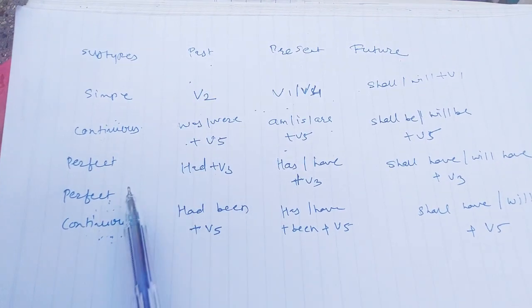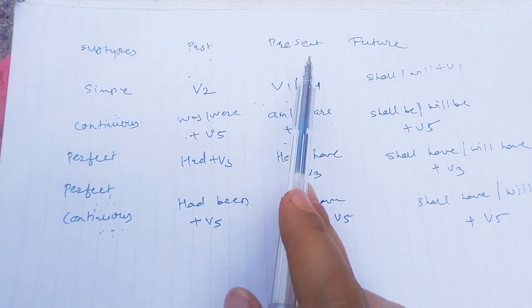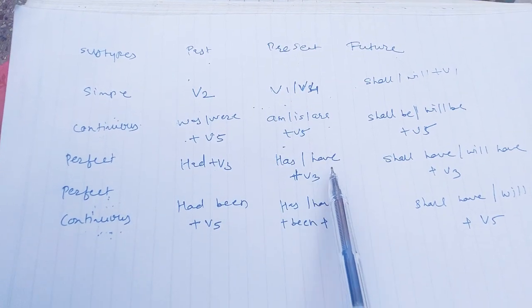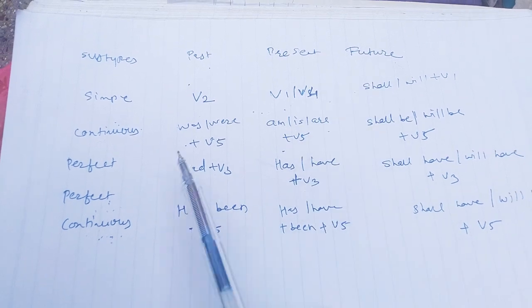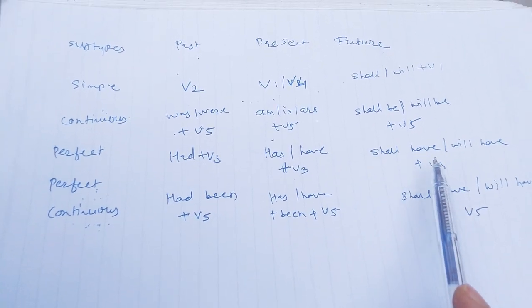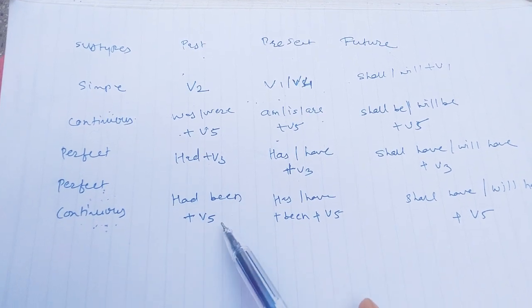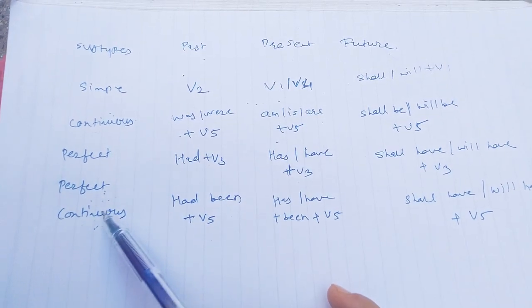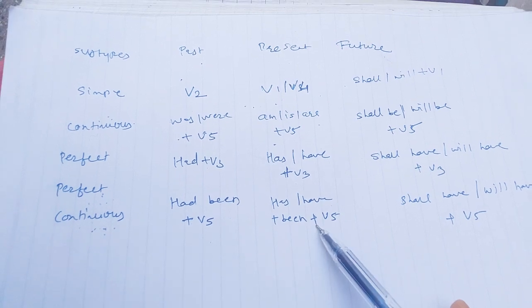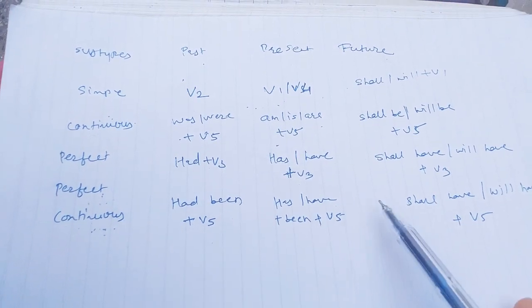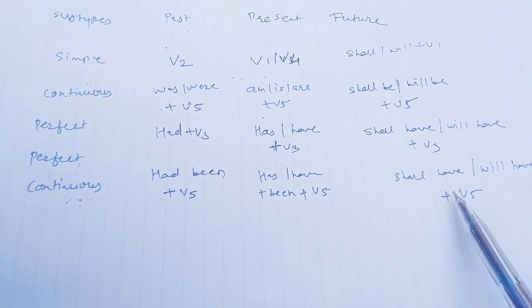Okay, past perfect it is had plus V3, present perfect it is has or have plus V3, future perfect it is shall have or will have plus V3, past perfect continuous it is had been plus V5, present perfect continuous it is has or have been plus V5, future perfect continuous it is shall have been or will have been plus V5, right?